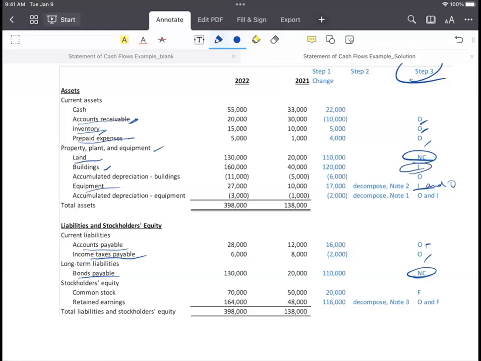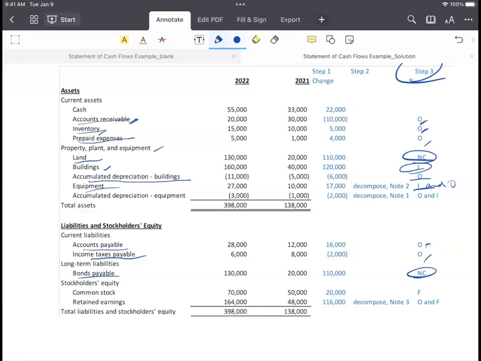If you still remember, part of it is driven by depreciation, which is reflected on the income statement, and we need to add it back in the operating part of the cash flow statement. And then the accumulated depreciation of building, that is 100%, yes, 100% operating.